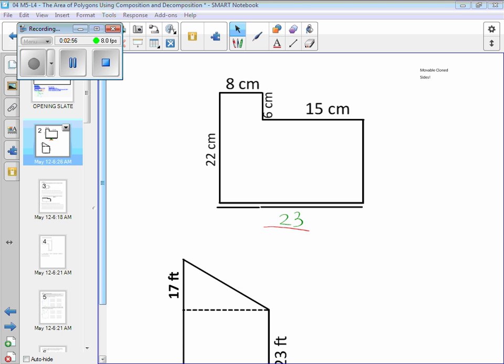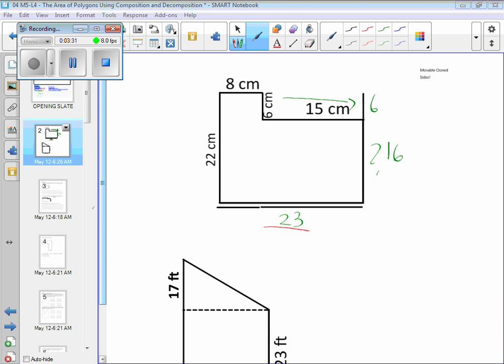So we know that the whole piece is now 22, so this is 6 plus whatever this piece is here. This is 6 because you saw me drag it over. 6 plus what makes 22? Say it again, Foz. That would make this 16. Some of you will be able to see that right away, and some of you will take some time and build to that. And it will get a little bit more complicated than that. This is just the basics.